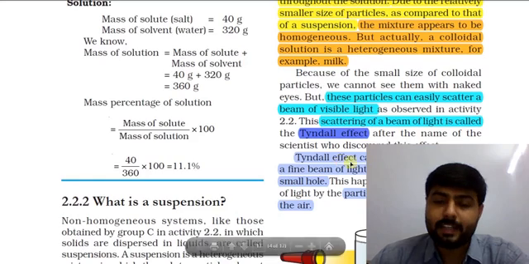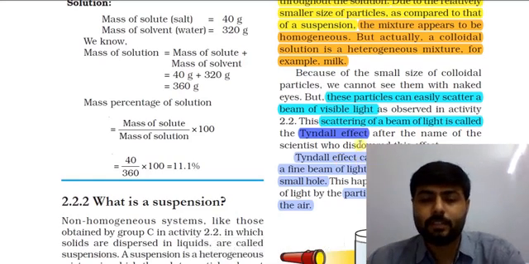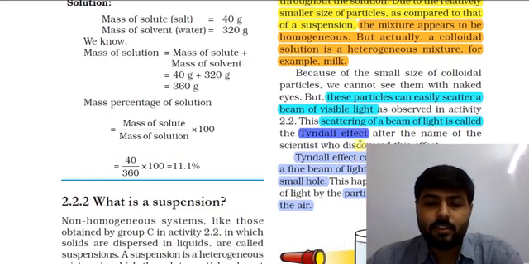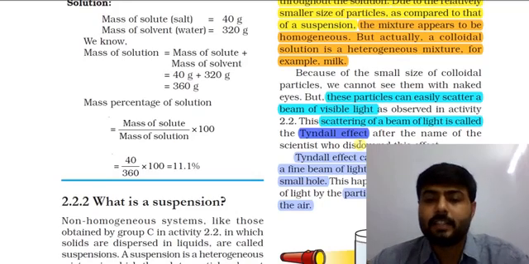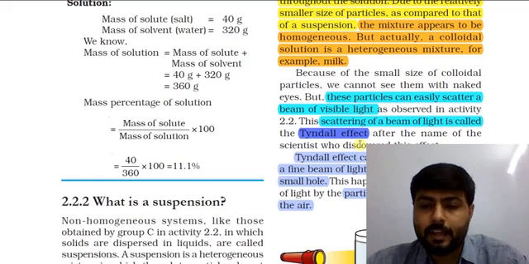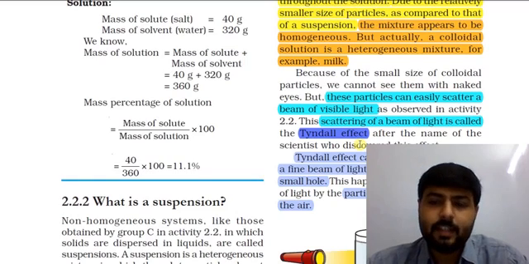It is named after the scientist who discovered this effect, which means scientist Tyndall discovered this effect. So after his name, this effect is called Tyndall effect. Remember, Tyndall effect, scattering of beam of light.